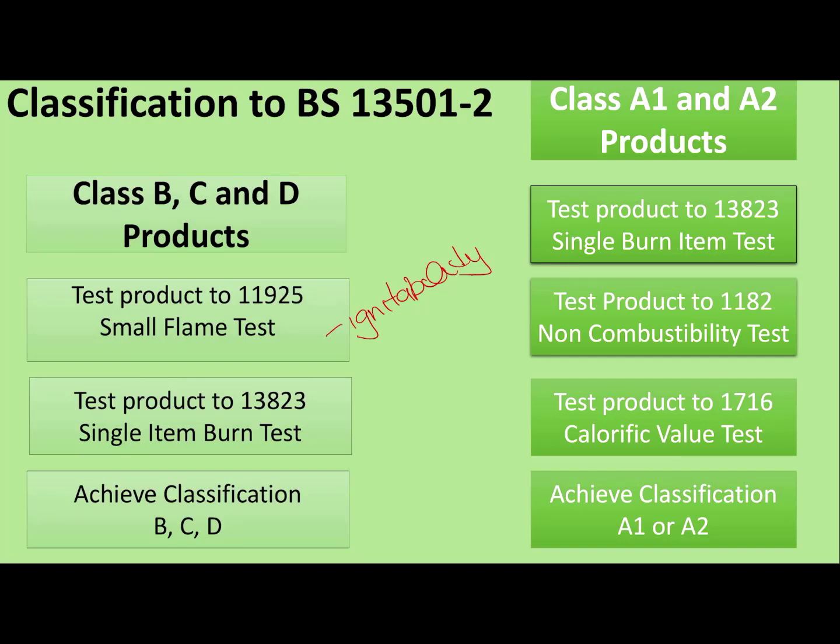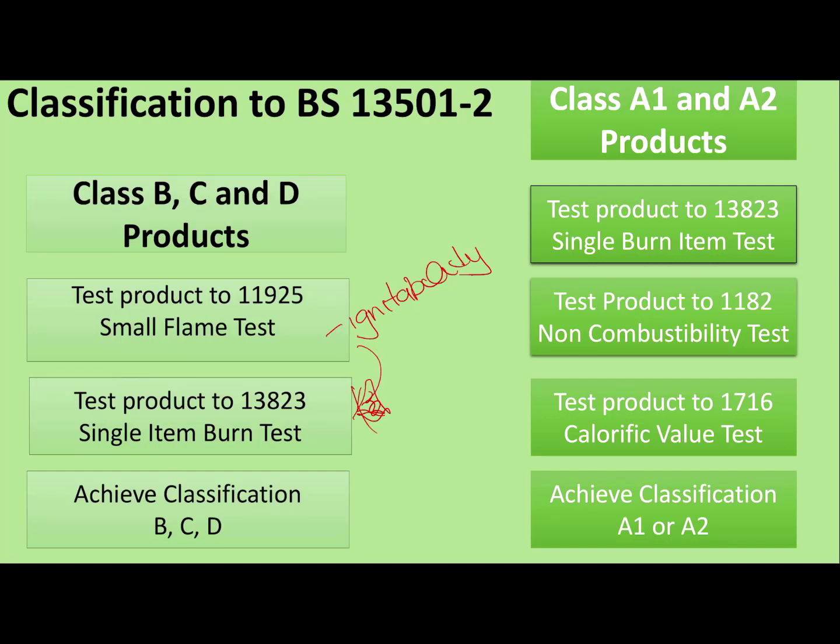So it's an ignitability test, incredibly simple. We're going to go through it in a minute. But unless you pass that test, you can't go on to test the product in accordance with 13823, which is quite an involved test.